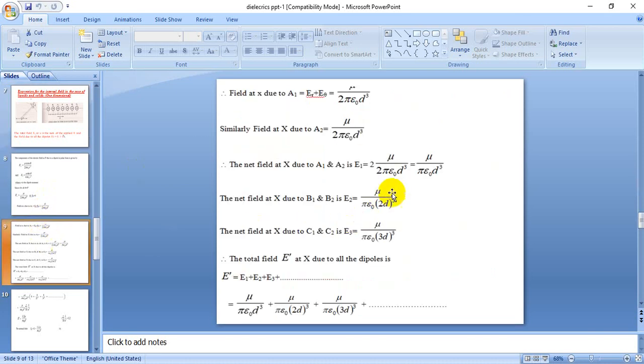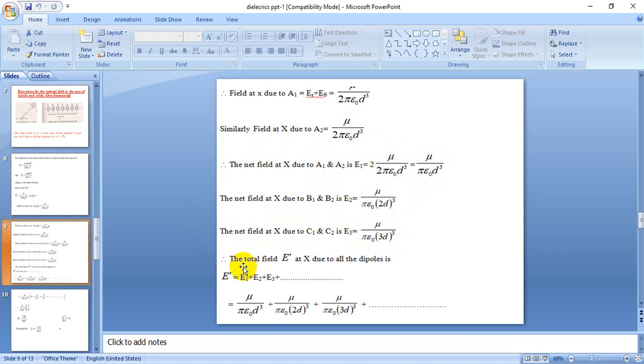Mu divided by pi epsilon naught d cube was for A1 and A2 at a distance small d. But B1 and B2 are at a distance 2d from x, so instead of d cube, I am going to write 2d the whole cube. In the same way, the net field due to C1 and C2 will have 3d cube.